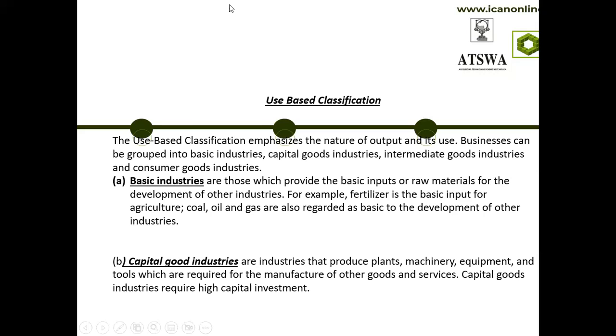We also have the second one, capital goods industry. Our industry that produces plant and machinery, equipment, and tools, which are required for the manufacturing of other goods and services. Capital goods industry requires high capital investment.